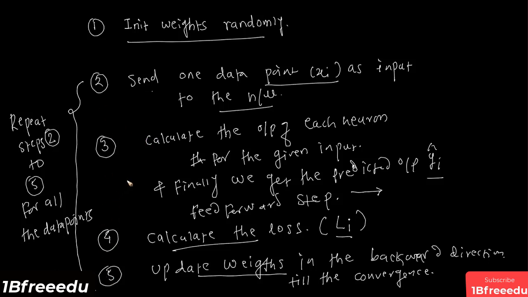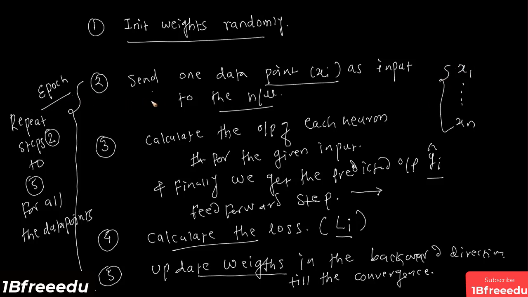That means we'll send all the inputs through the neural network. When the neural network sees all the inputs from x1 to xn, and we repeat the steps for all these inputs, this is called an epoch.